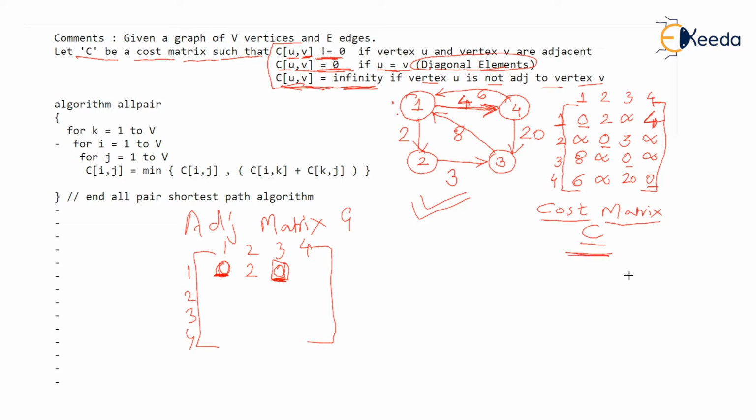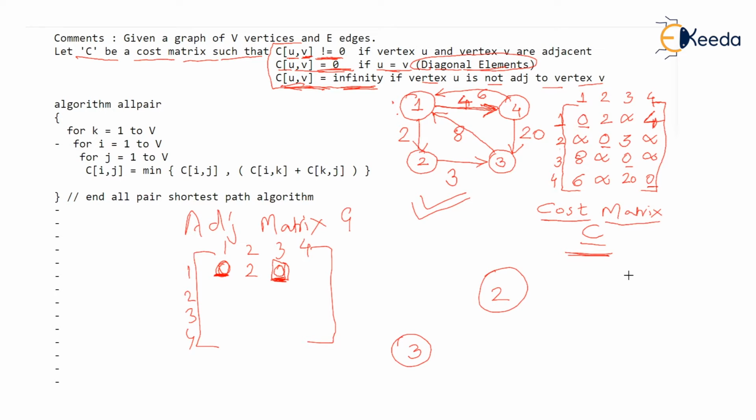Please try to understand. Cost matrix is showing the cost of going from vertex U to vertex V. Now you tell me, for some time imagine that vertex 2 does not have an edge to vertex 3. Imagine this. It does not have a directed edge towards 3.